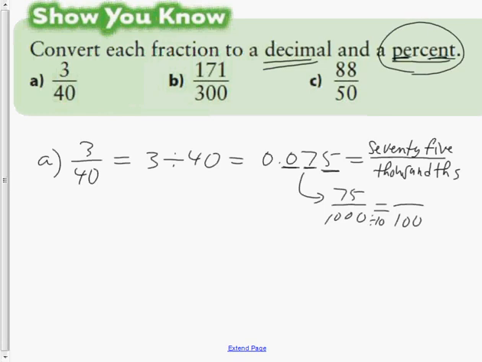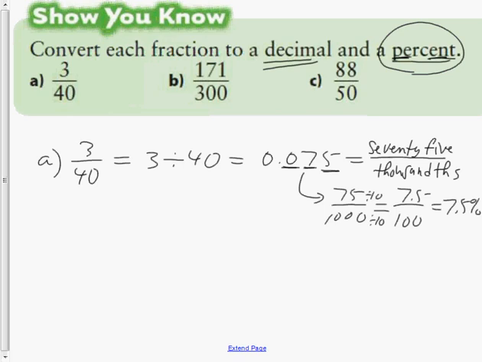So if I divide the denominator by 10, I'd have to also divide the numerator by 10, which means an equivalent fraction would be 7.5 out of 100. Now, we're not really making a true equivalent fraction, because typically you would never have a decimal in your numerator or denominator. But the reason we do is because now that it's out of 100, I can say that this is 7.5%, because it's out of 100. Okay?